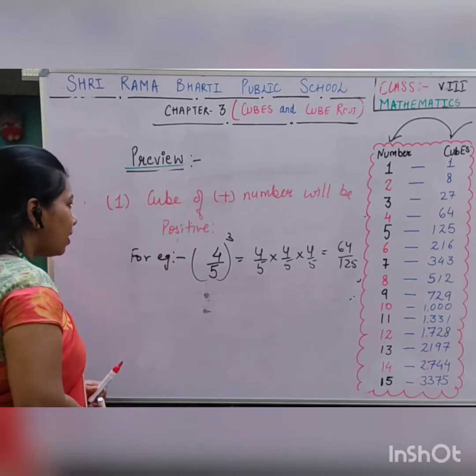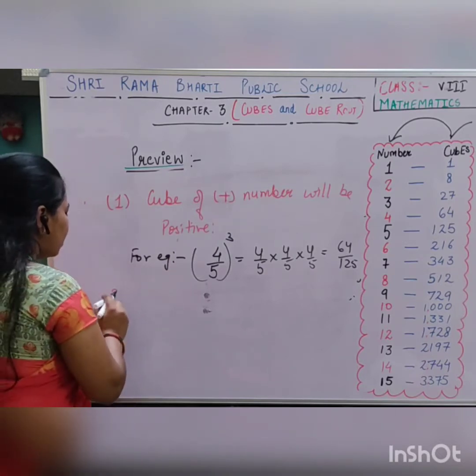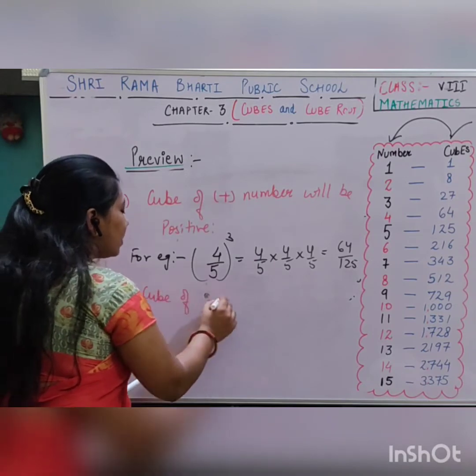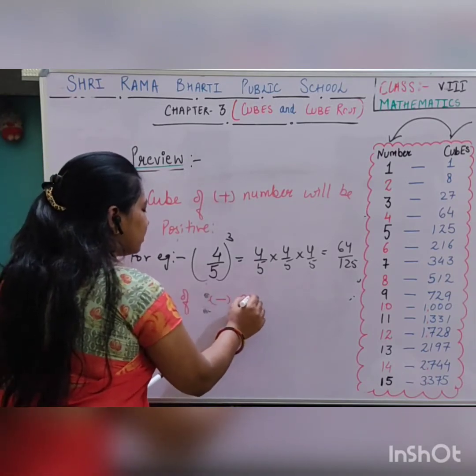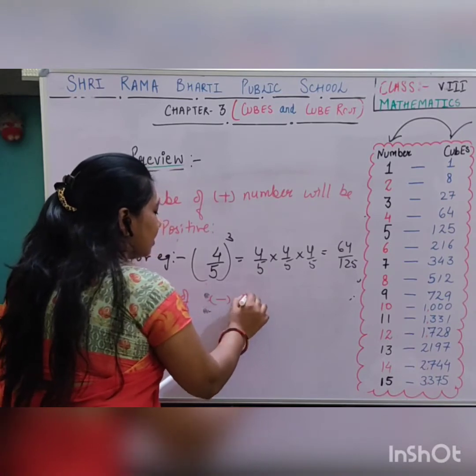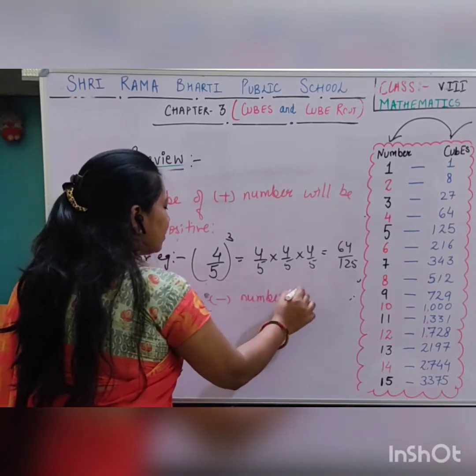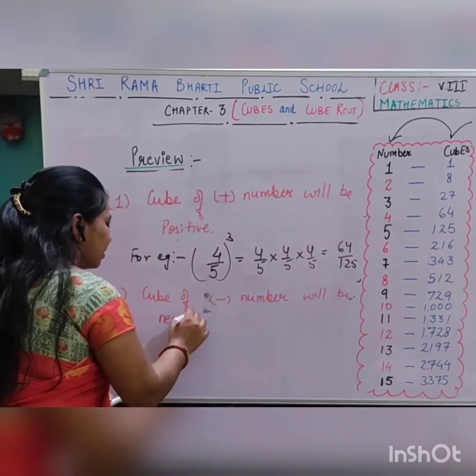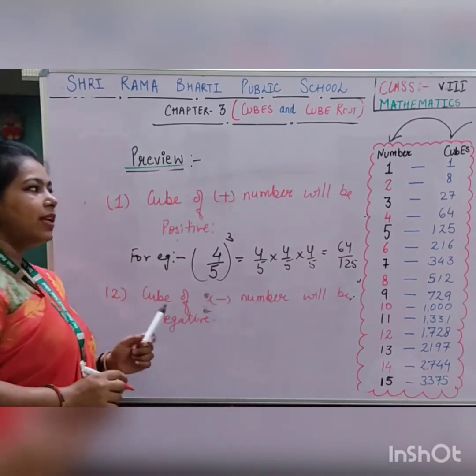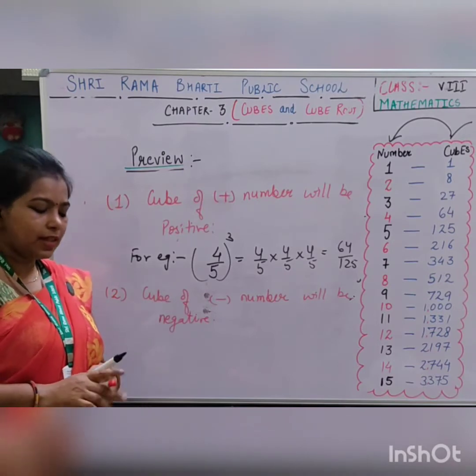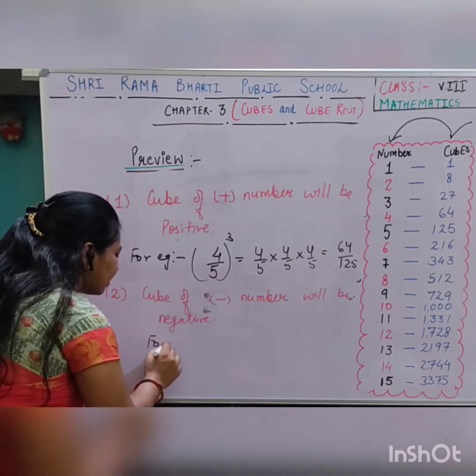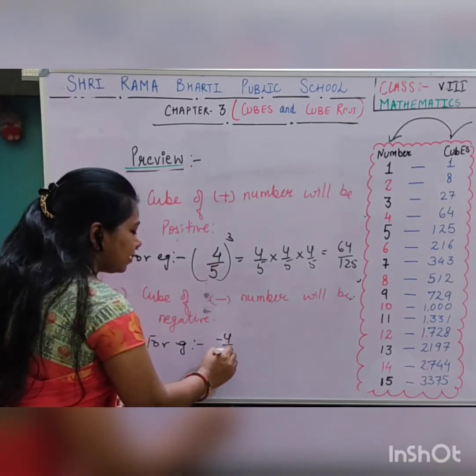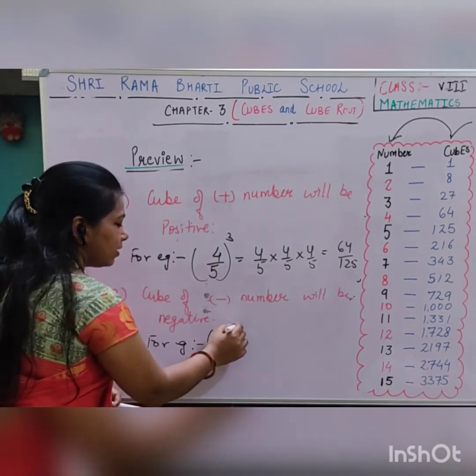Right? Now, property number 2 says the cube of a negative number will be negative only. As we have already discussed in our first example, but let me show you again by taking one of the examples. The same we can take by putting a negative sign over here.